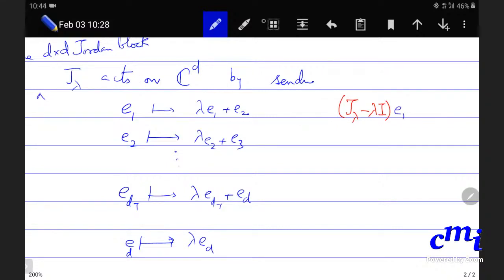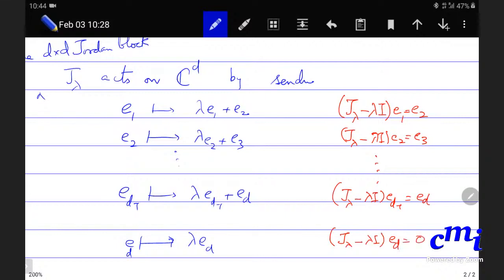J lambda minus lambda I applied to E1 is E2, J lambda minus lambda I applied to E2 is E3, and so on. Finally, J lambda minus lambda I applied to E_{d-1} is E_d, and J lambda minus lambda I applied to E_d is 0. I'm just rewriting the previous things.